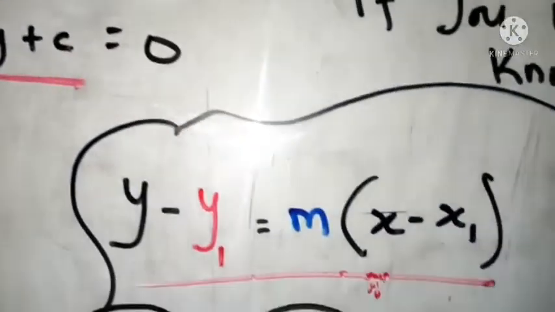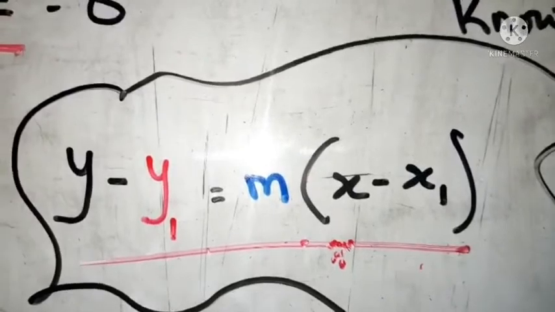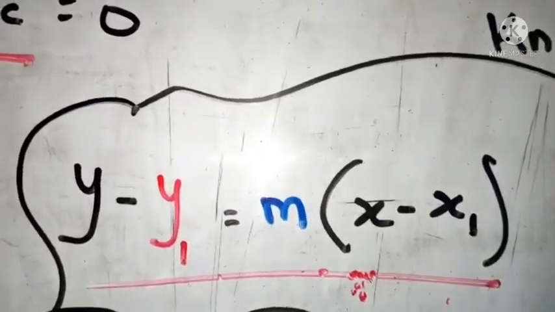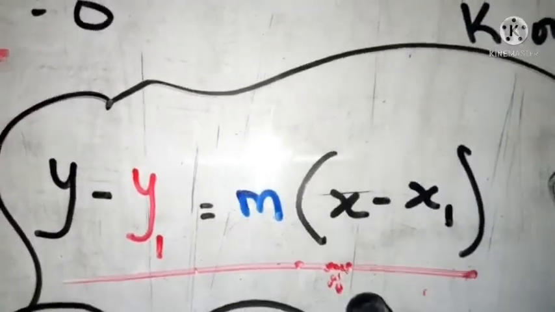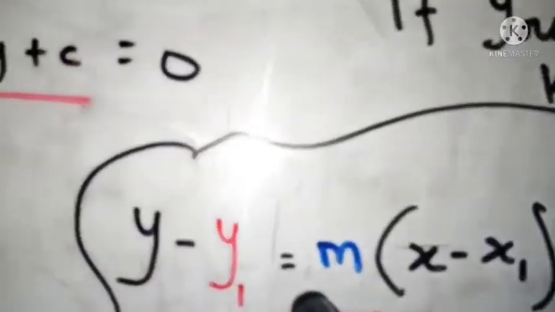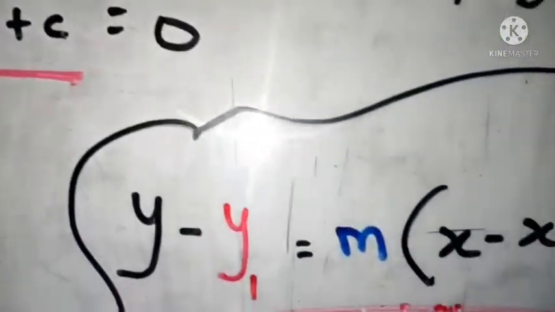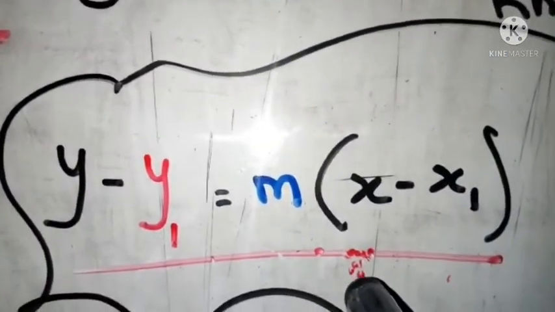But one thing you must know before you solve almost any equation of a line is this formula. It is the only key that can take you to the equation of a line, and it will help you convert it to something of this nature. I will explain this in just a few minutes.